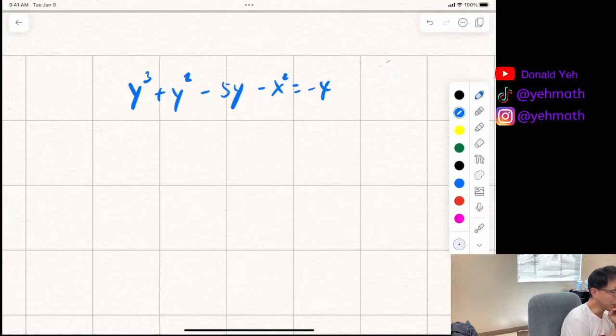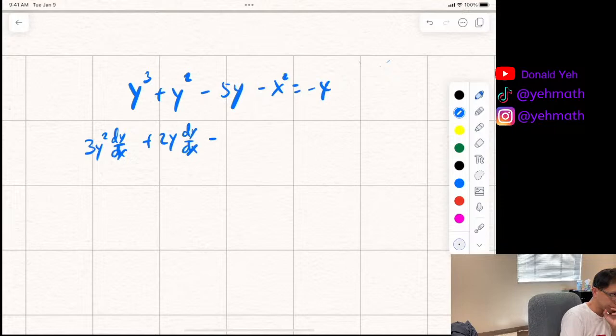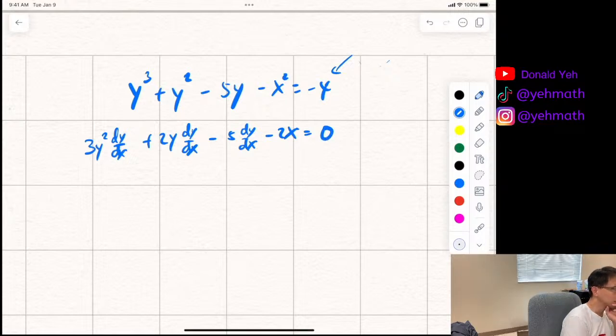So what's the derivative of y cubed? Now remember, take the derivative of this, negative 4. A lot of people last year got it wrong. It's 0. Did you get it wrong?